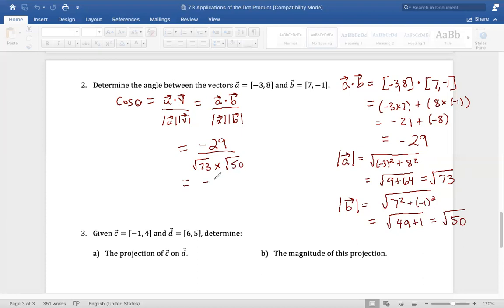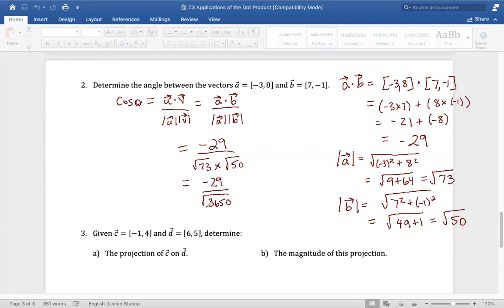So then what you can actually do is take 73 multiplied by 50 and put that all under one square root sign. So 73 times 50 is 3650. Then you can just take the square root of that if you would like. You can do that first, right? Take -29.